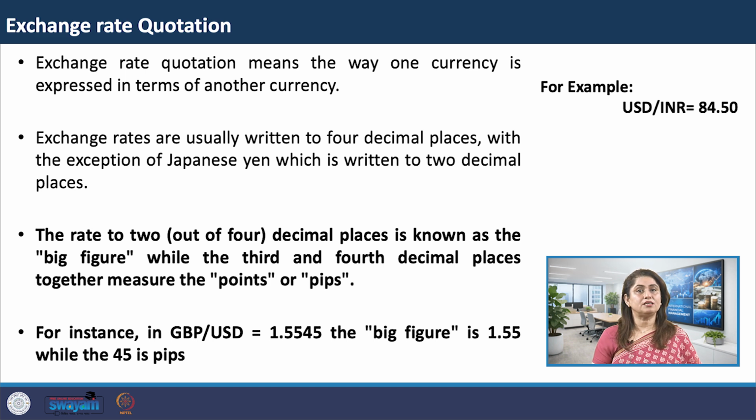It is the broad level of the exchange rate that everyone in the market already knows and takes as given. The 45 is the pips. This is the precise part that actually changes from second to second and is what dealers quote, negotiate, and compete on. In a dealing room, a trader would simply say cable at 45, meaning GBP by USD is equal to 1.5545, because everyone knows the big figure.